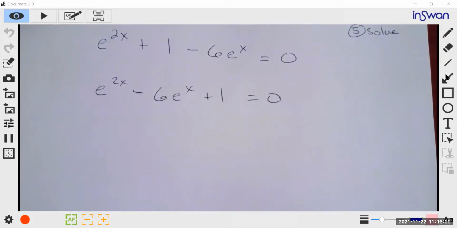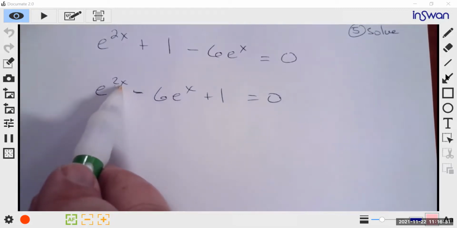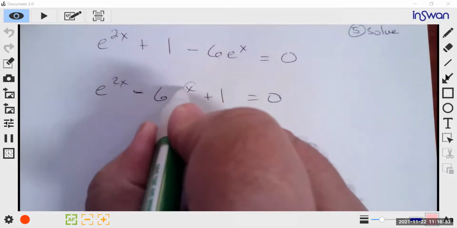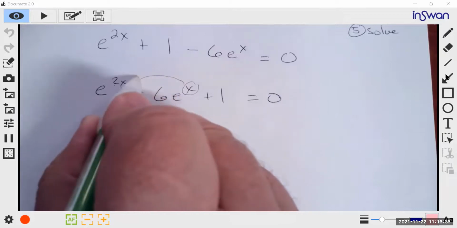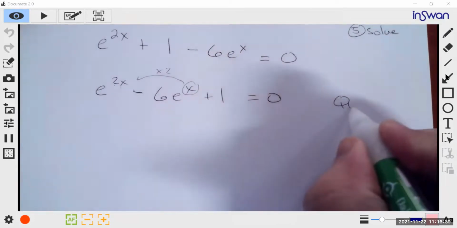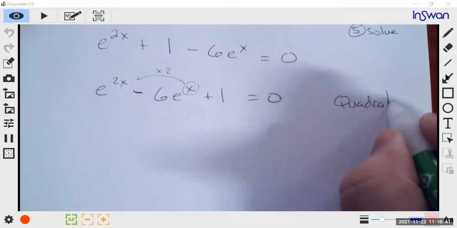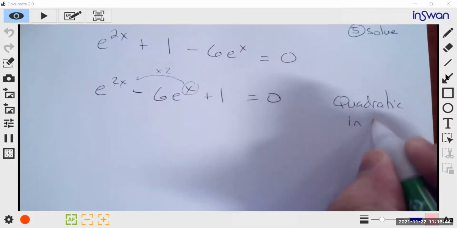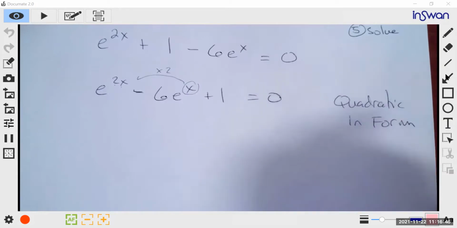We have 3 terms, and the first one's e to the 2x. If we take the middle term, e to the x, and square it, we get the first term. So this is quadratic in form.